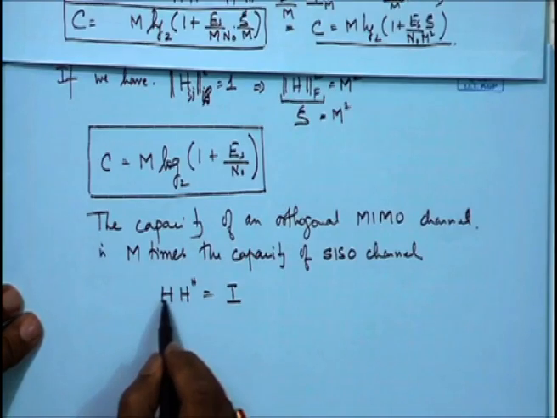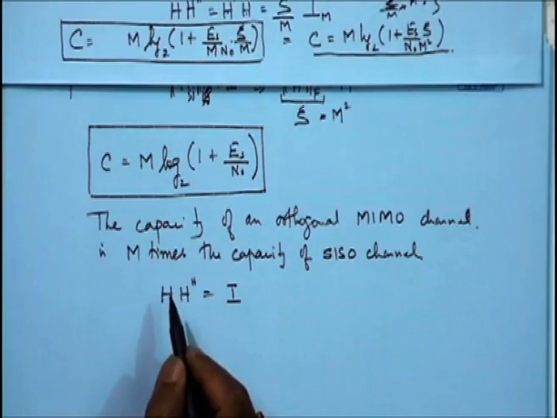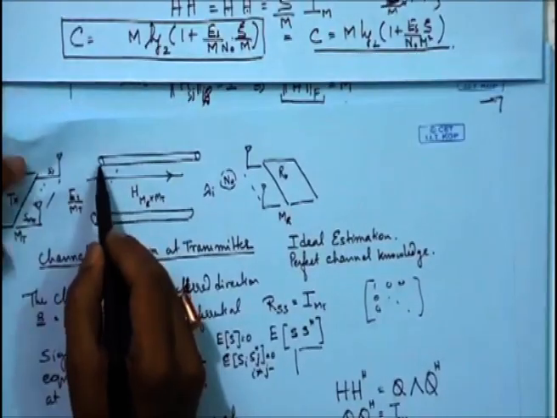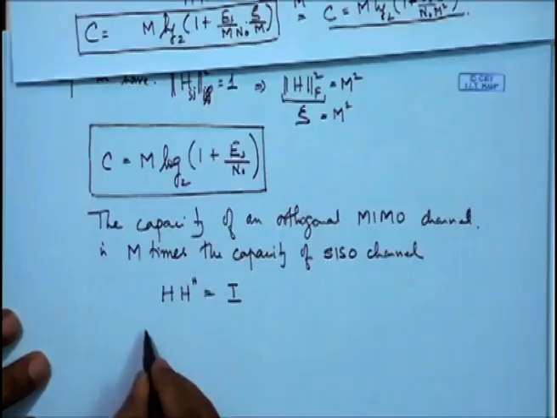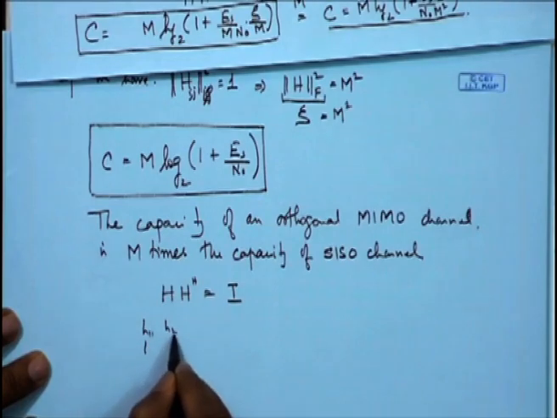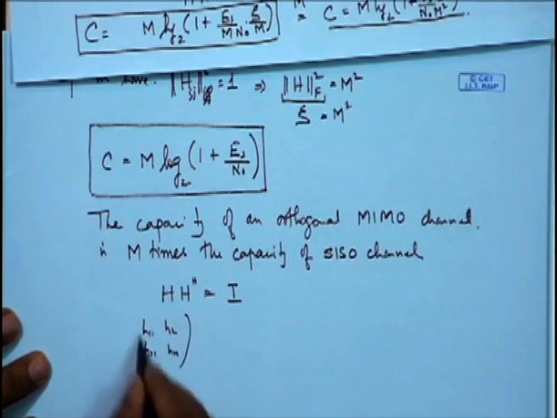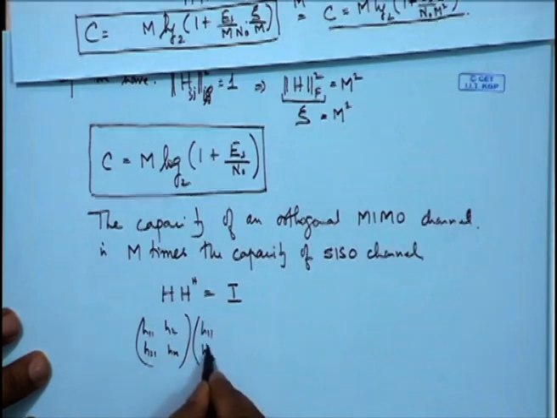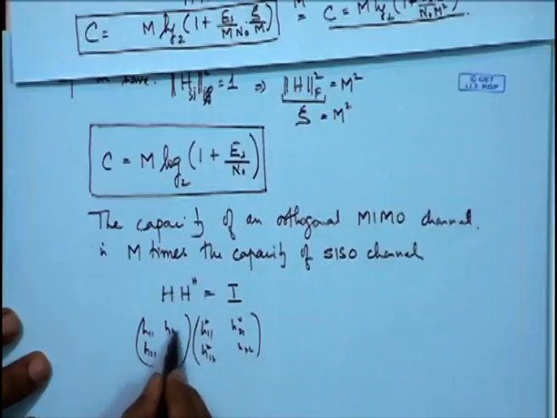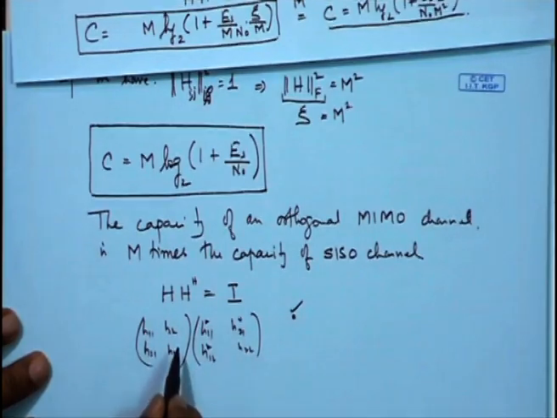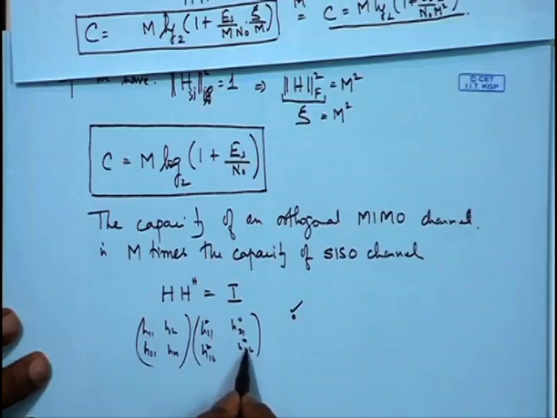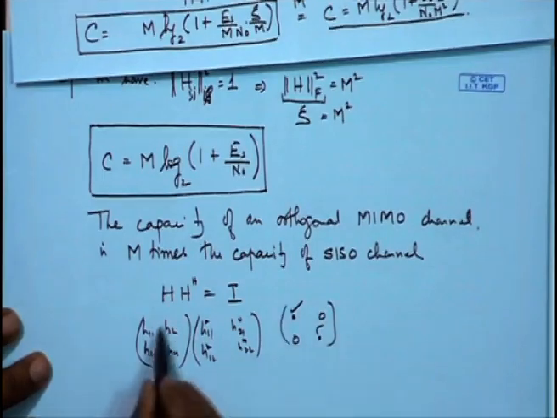Components cancelling out each other means that anything transmitted on this antenna is not reflected over there, which you can clearly see when I write H Hermitian H. If we take H11, H12, H21, H22 and multiply this by H11 conjugate, H21 conjugate, H12 conjugate, H22 conjugate, you are going to get H11 squared plus H12 squared as the diagonal element. As the cross diagonal element, H11 H21 conjugate and H12 H22 conjugate. So, basically the cross terms cancel out, they are 0. So, there is no cross component.